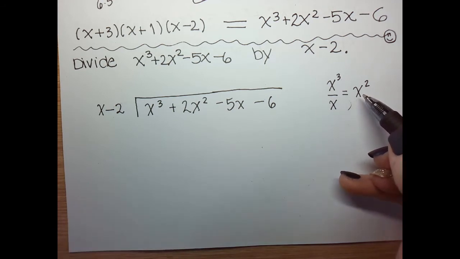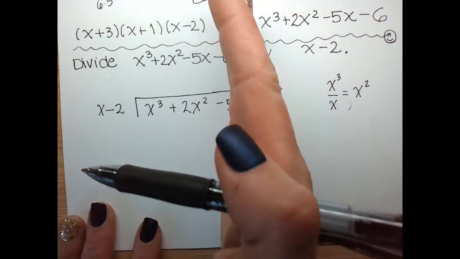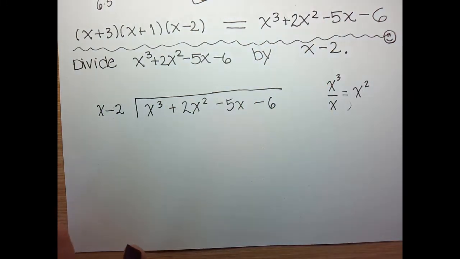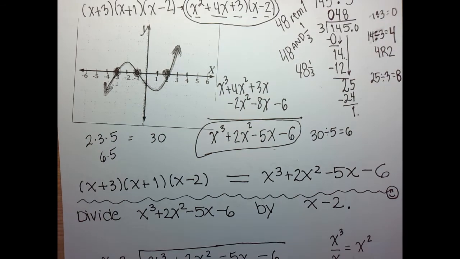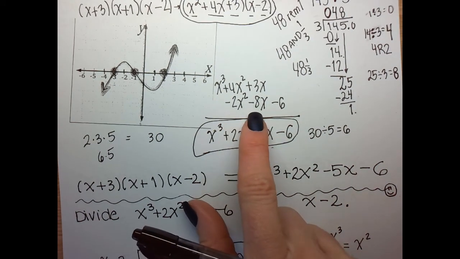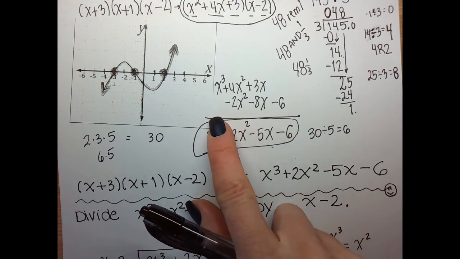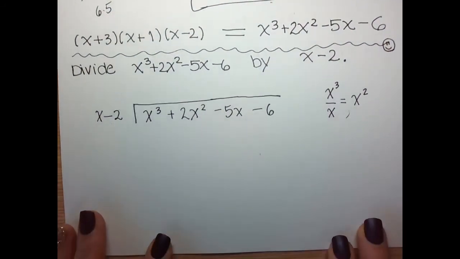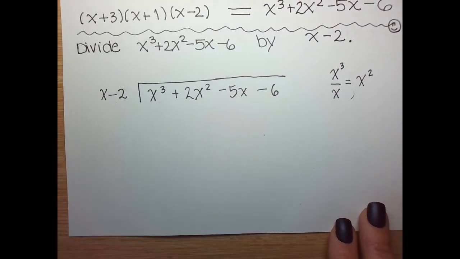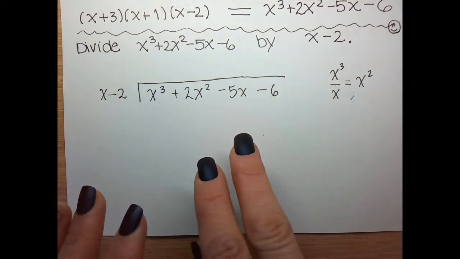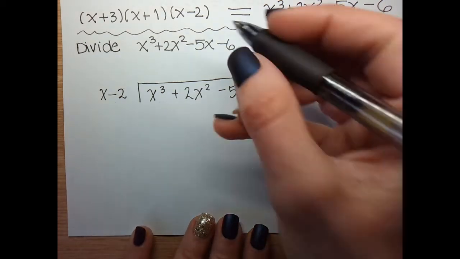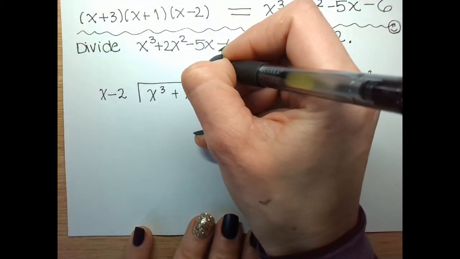With polynomial division, your answers end up in columns, sort of like how I kept my work in columns when combining like terms, to make it easier. You'll see that same trend here. So x squared, I'm going to write right up here.